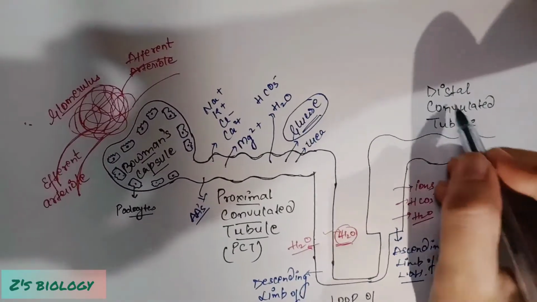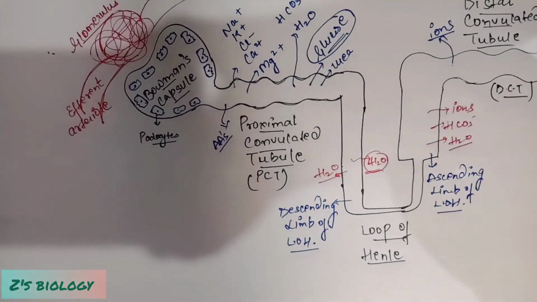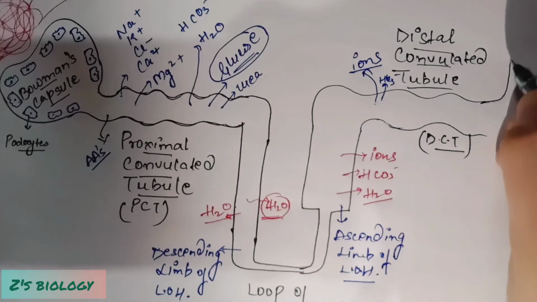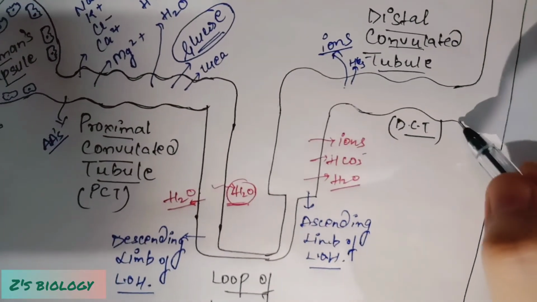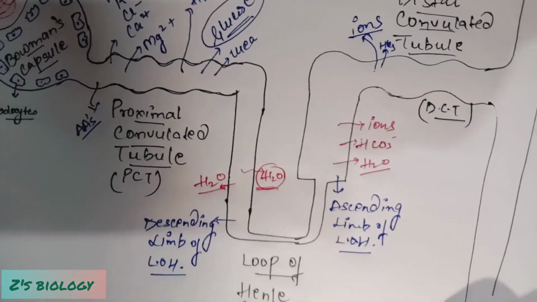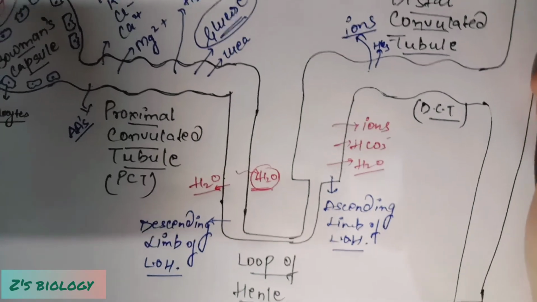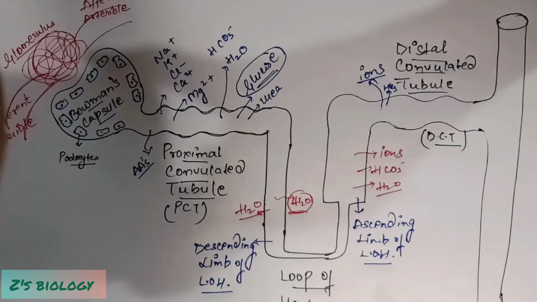And the last structure in the nephron is the collecting duct. It is also a tubular portion of the nephron. It reabsorbs mainly sodium, and along with sodium it will obviously reabsorb some water. So the collecting duct reabsorbs water, sodium ions, and urea from the filtrate.